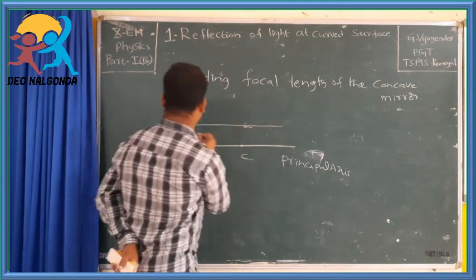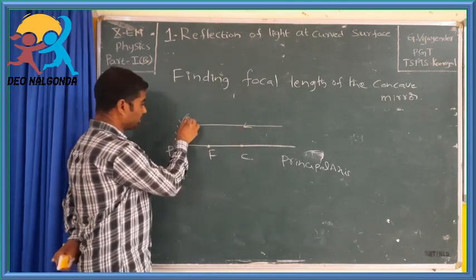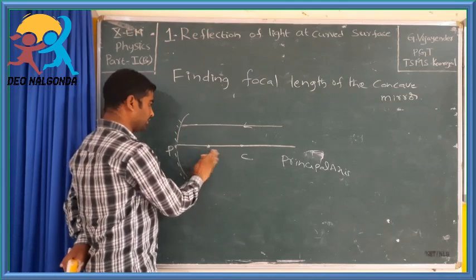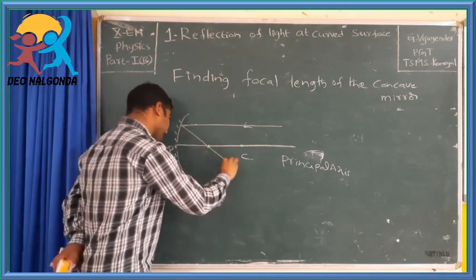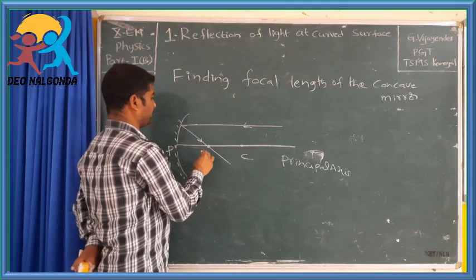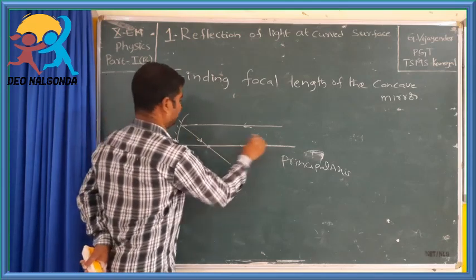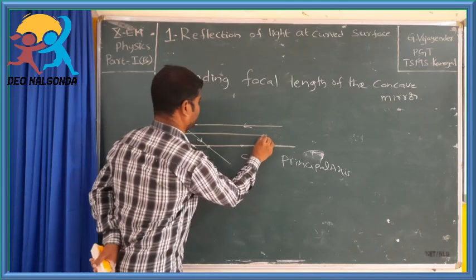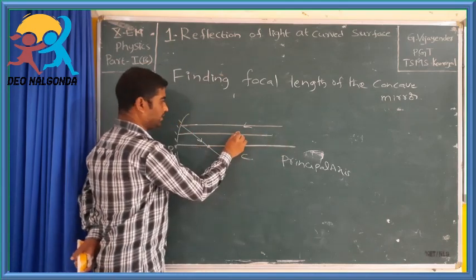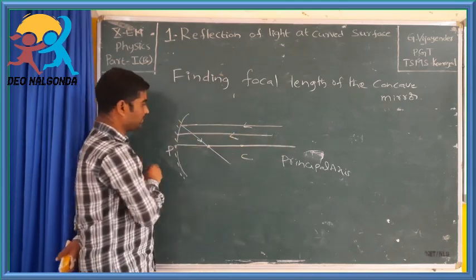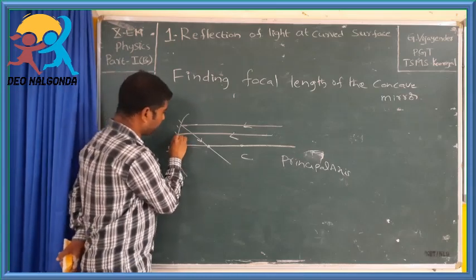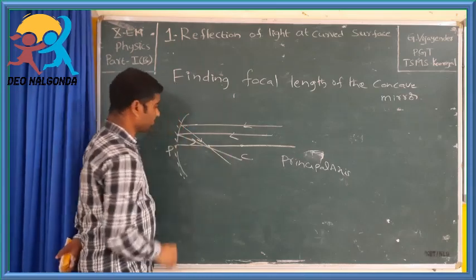This is ray 1. It is incident on the concave surface and passing through the point. Now another ray is coming from the sun and incident on the concave surface. It is also passing through the same point.